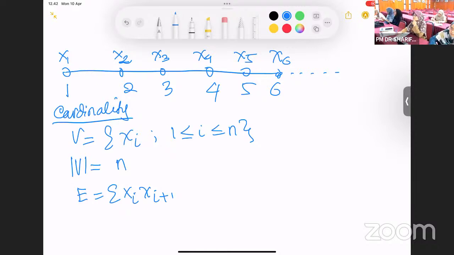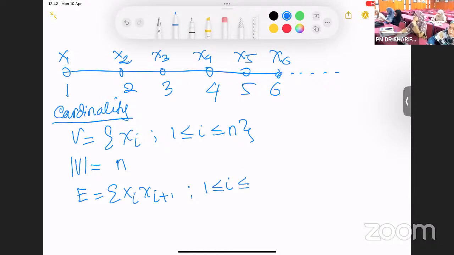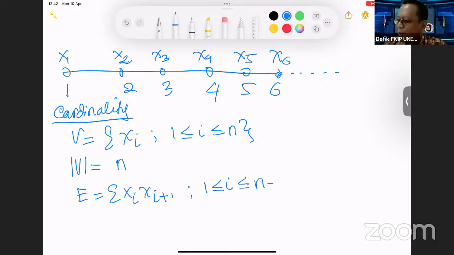True, but what is the domain of i? i up to n minus 1, of course. Otherwise, we have an extra vertex if we say until n.